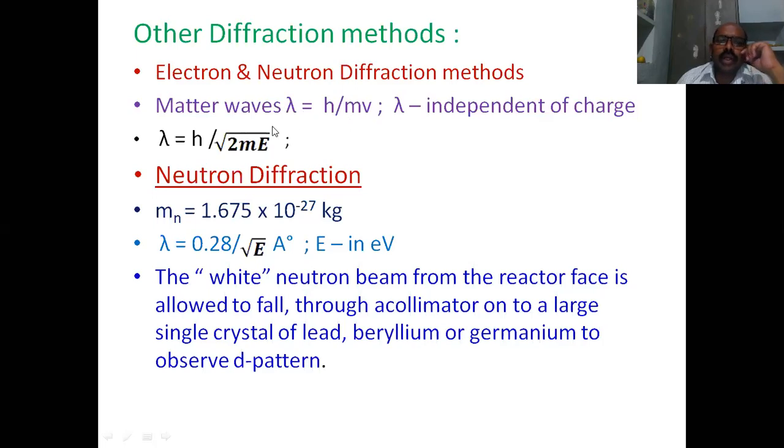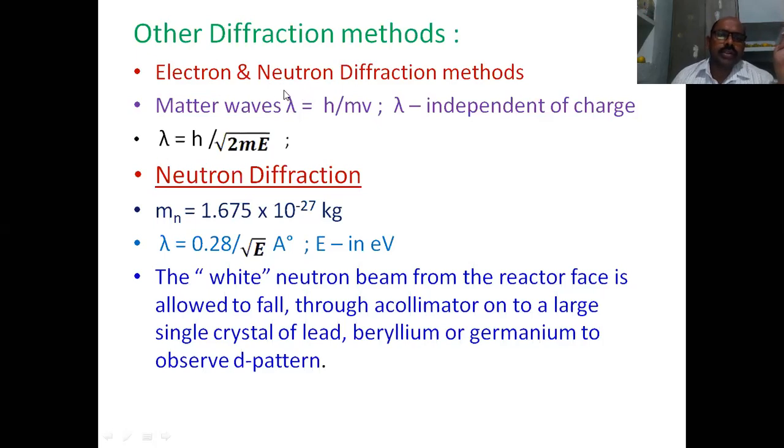The de Broglie matter wave concept is purely related to matter and its velocity, and it is independent of charge. Therefore we have the matter wavelength for electrons, which are charged particles, and neutrons, which are neutral particles.